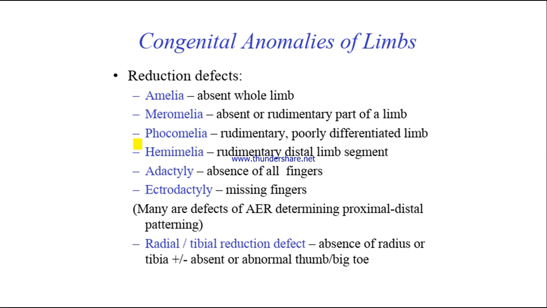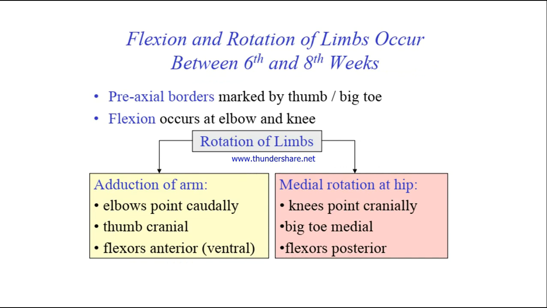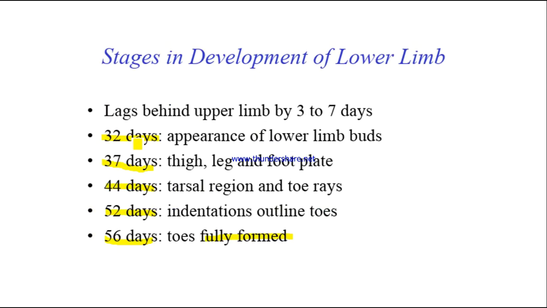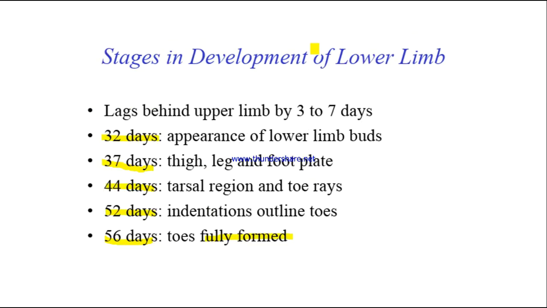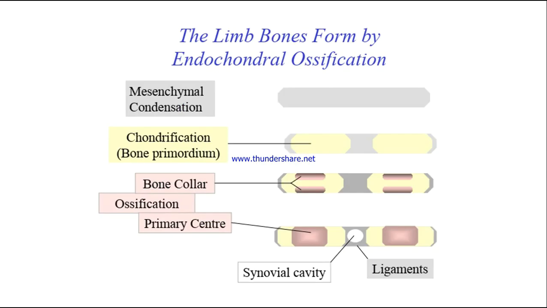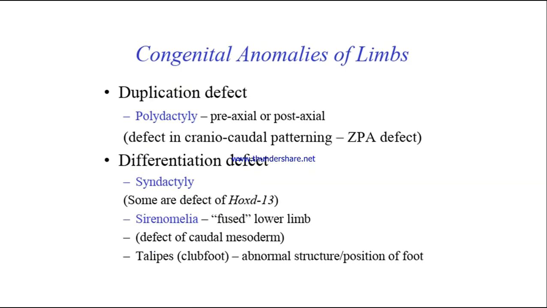We've got radial or tibial reduction defects, absence of the radius or the tibia, plus or minus absence or abnormality of the thumb or big toe. So it's very important, if we jump back a few slides, that through our understanding of the stages in development of the upper and lower limb, we can start to consider some of these abnormalities and why things have not formed.